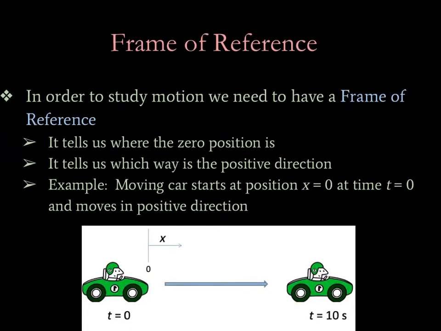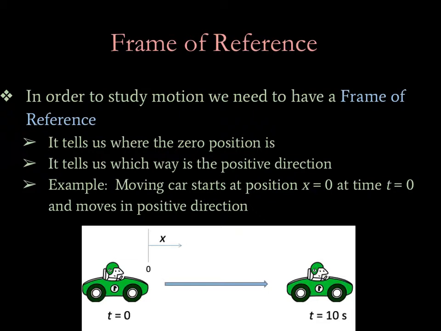Now, as we make these measurements, we have to consider what we call our frame of reference. A frame of reference simply tells us where the origin is, where the zero position is. It also gives us an indication of which way is the positive and which way is the negative direction.